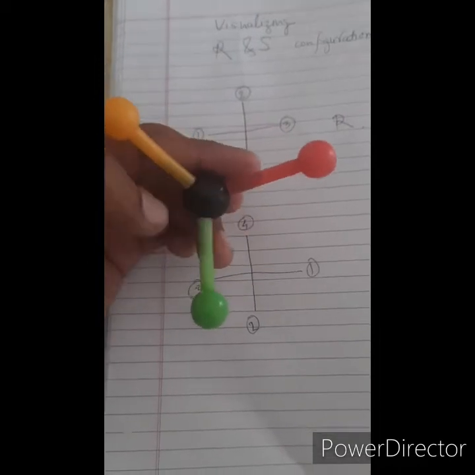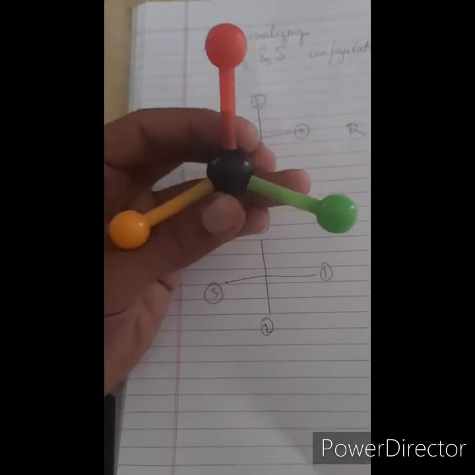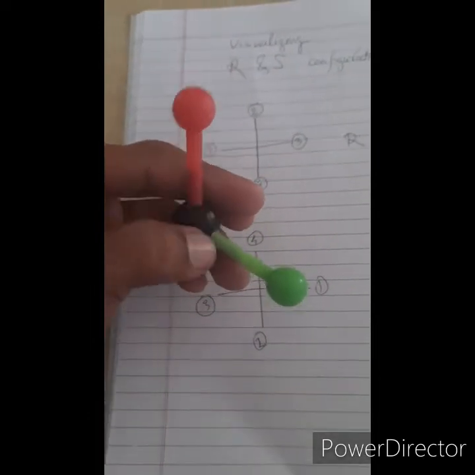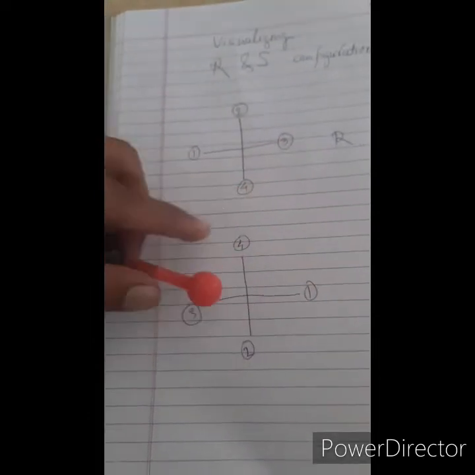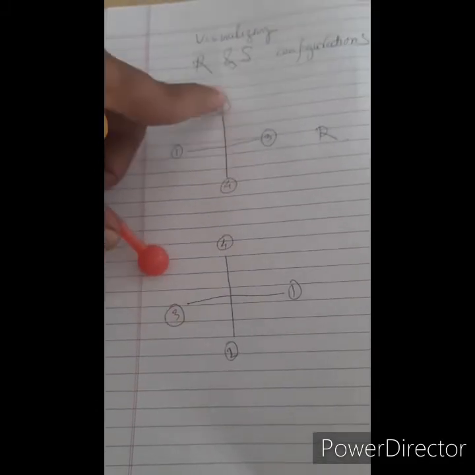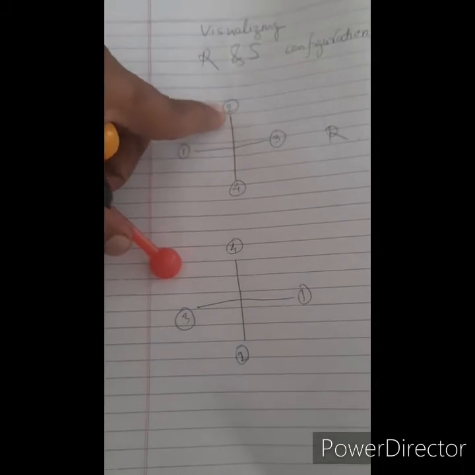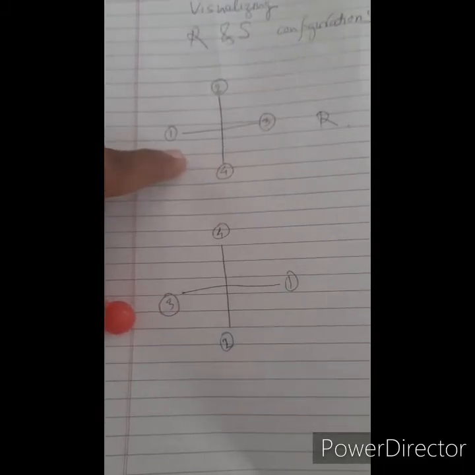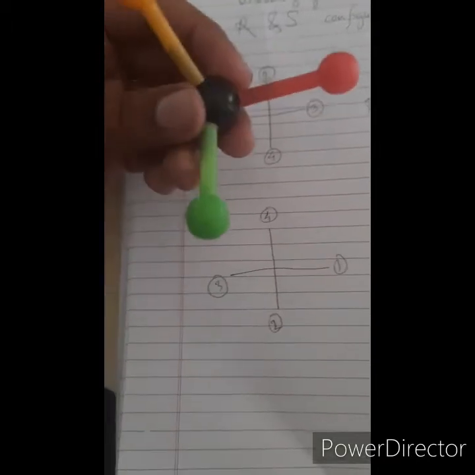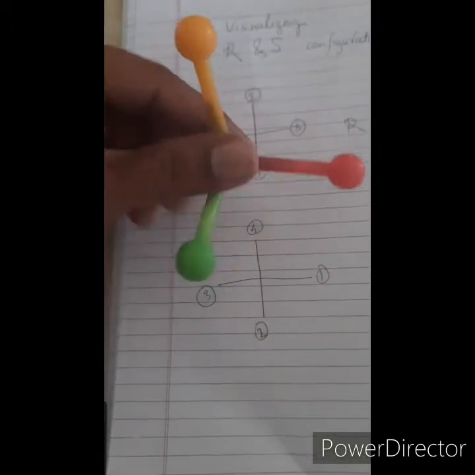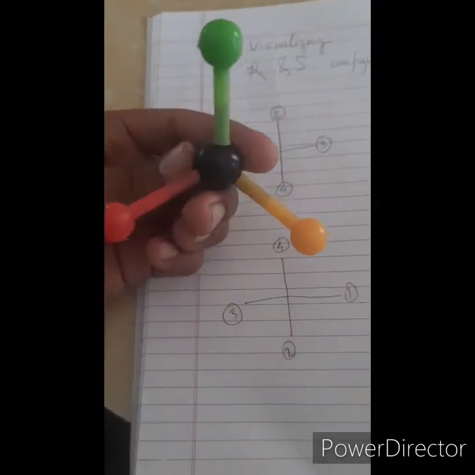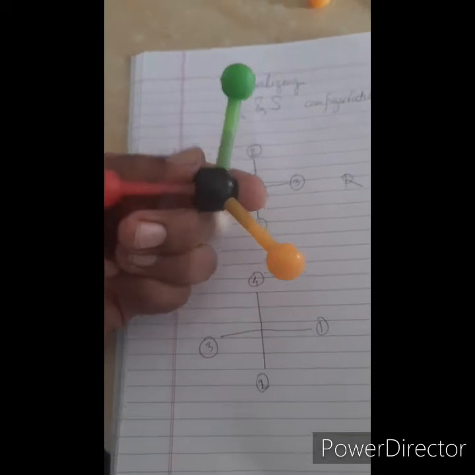Again it is the same, clockwise, rotating toward the right side. So the configuration has not changed, but the position of the groups has changed. The fourth is coming on the top, the second is going to the bottom, and the third and first are changing position. Why is this happening? Because the molecule, if you see in the first example, we are seeing like this.